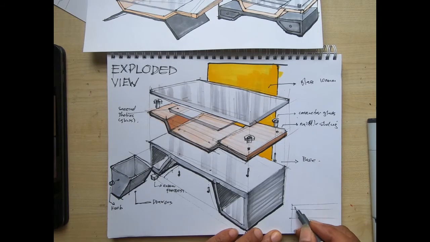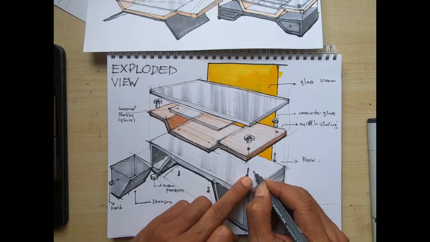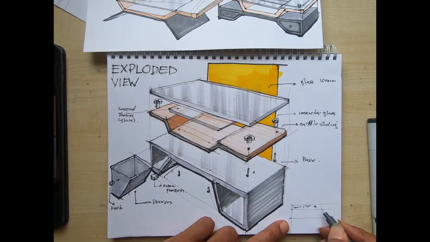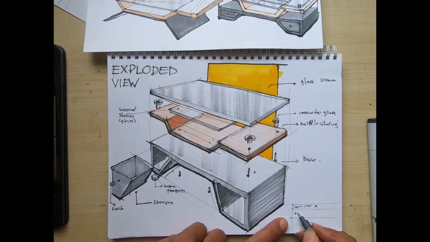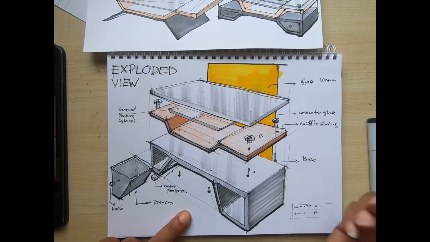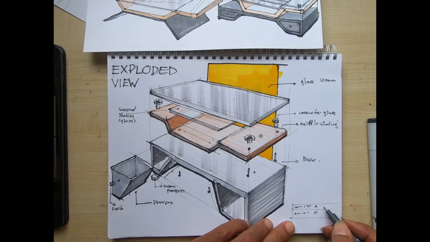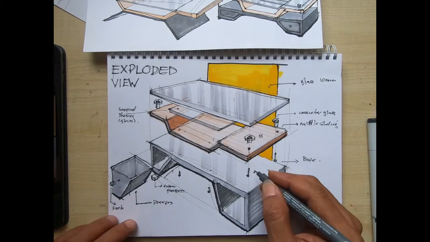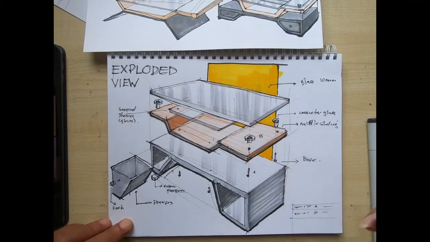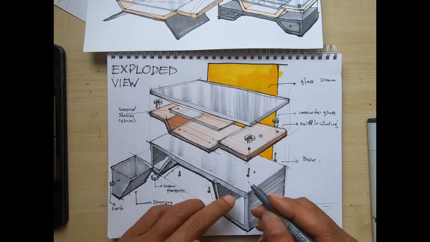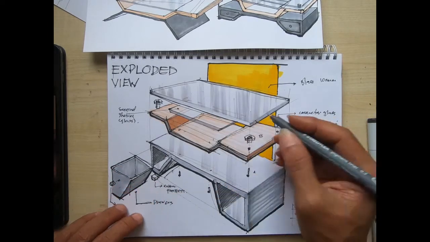Okay, screw type. So this is A. So you say A. Okay, screw type B. This is B. And then you give a name to it, whether it's Allen screw, or Philips head screw or whatnot.